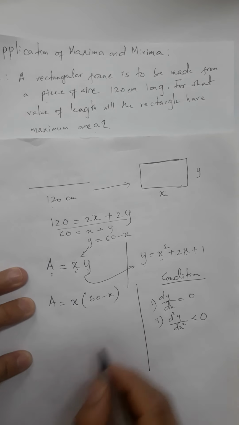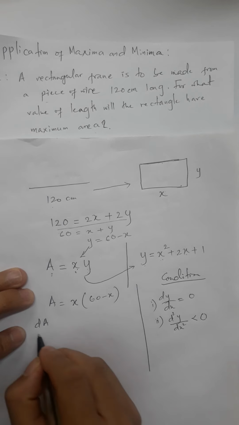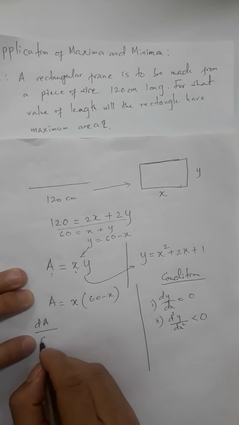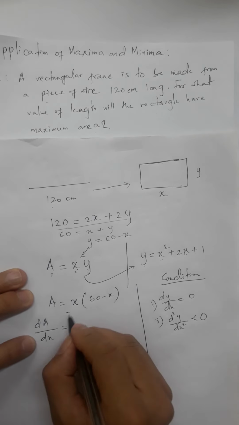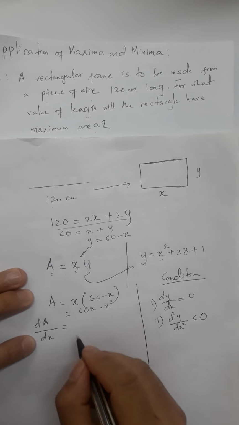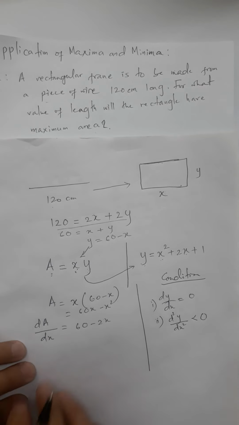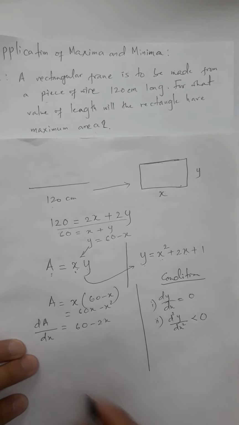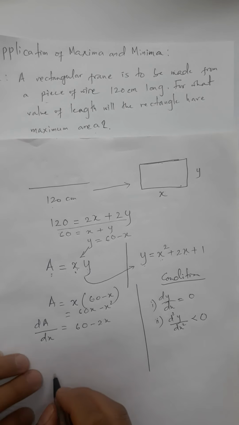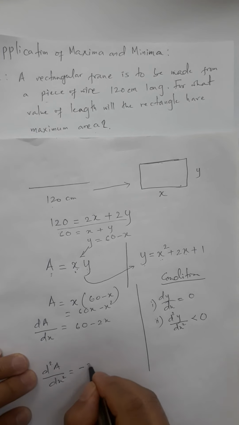So let us differentiate this area. I can differentiate this one as dA by dx, where A is 60x minus x square. Differentiating this one, I'll get 60 minus 2x, right? I also need the second order derivative. So let us find the second order derivative. It is going to be minus 2.